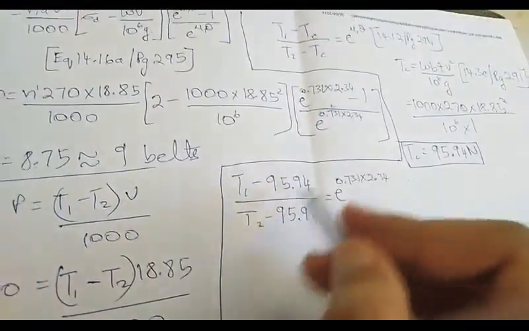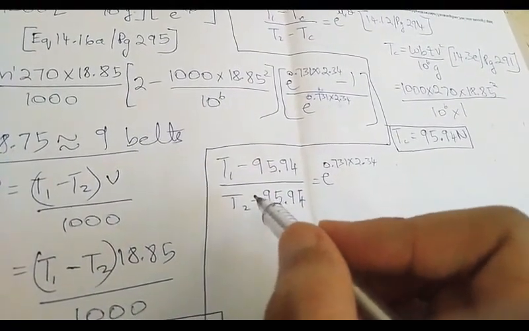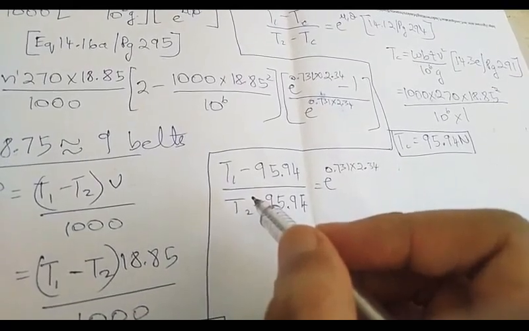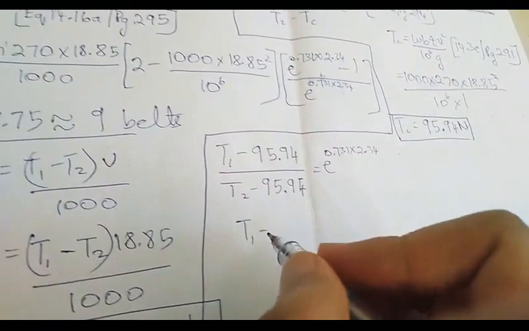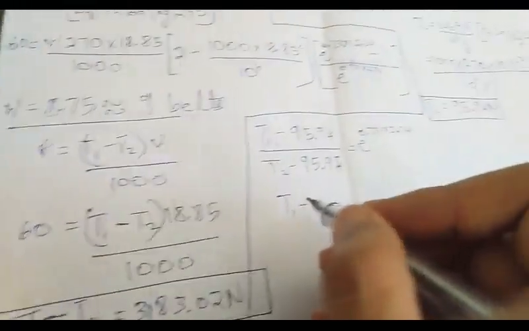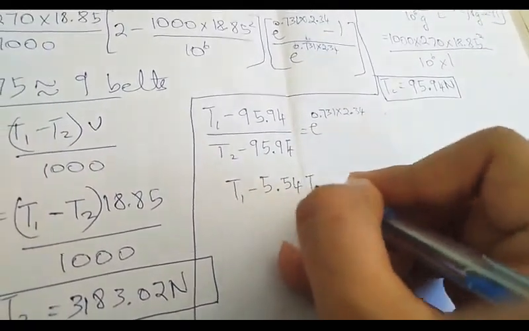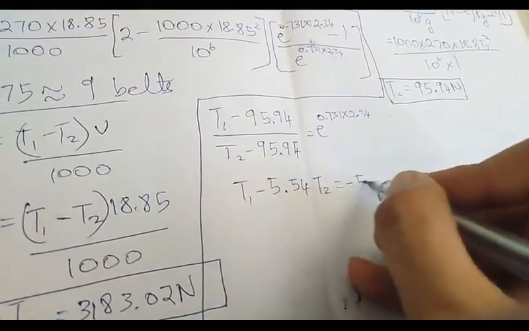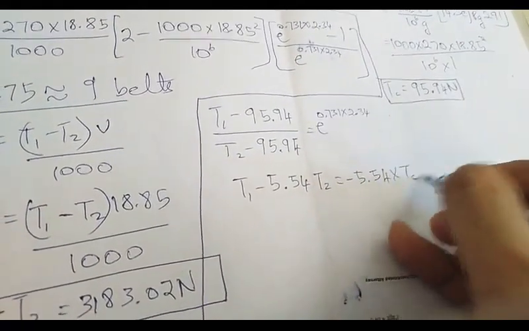By simplifying this equation, I'll get T1 minus 5.54 T2 is equal to minus 5.54 into Tc.